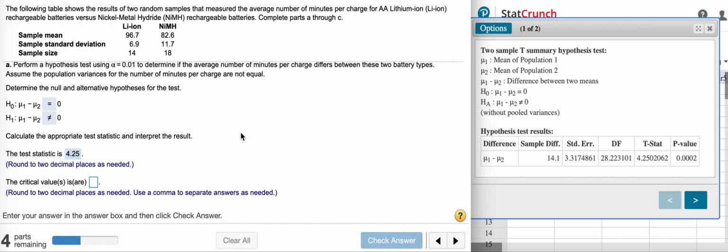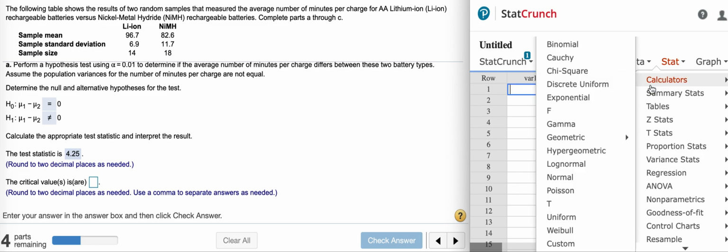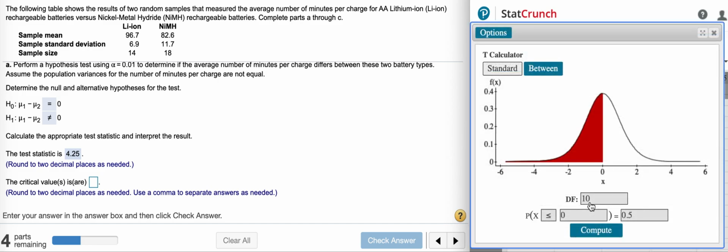Next, to find the critical value, our rejection region, in StatCrunch I will use the T calculator. We'll choose Stat, Calculators, and the T distribution. Maybe I should go back first.